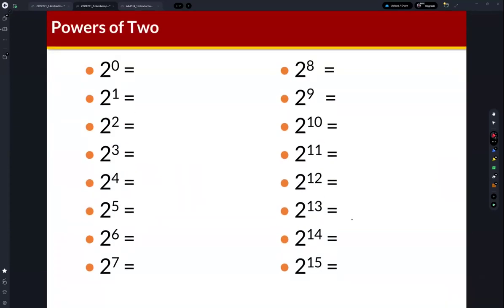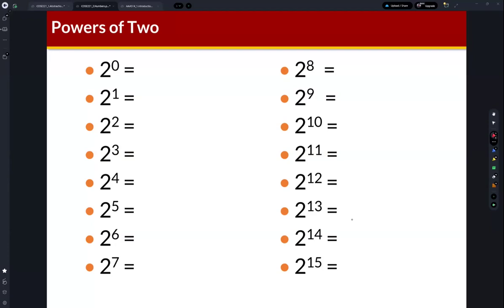Because the digital system handles binary numbers, we can just memorize the powers of 2, because these numbers are frequently used in the computer world, in computer systems.